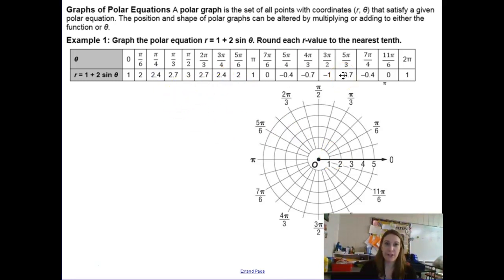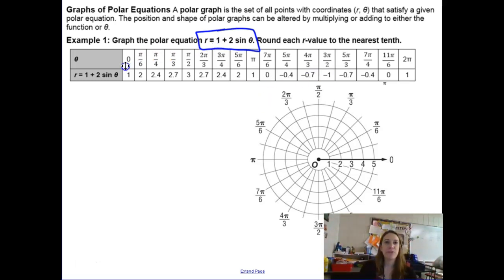So various theta values off of the unit circle, our famous theta values that we keep using, and the function that they're asking us to graph is up at the top here, 1 plus 2 sine theta in polar form. So here's the function, and again, not going to have to do this by hand. We're going to be using graphing calculators quite a bit today.